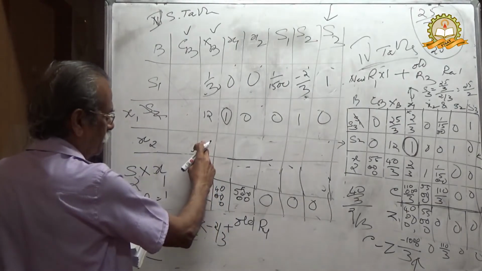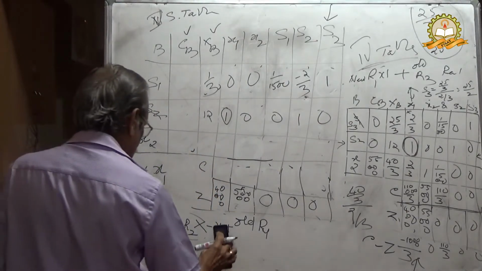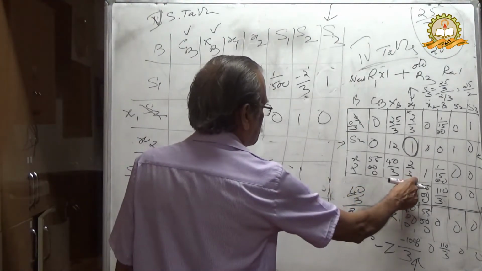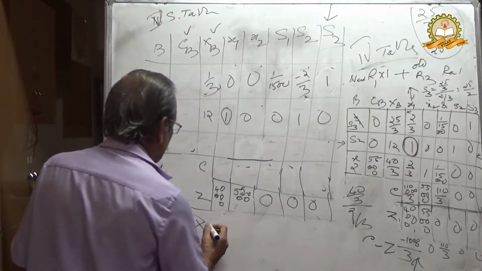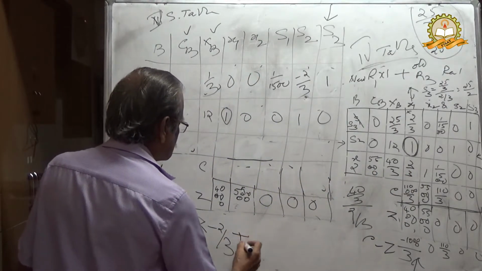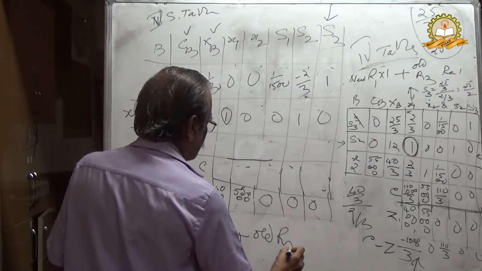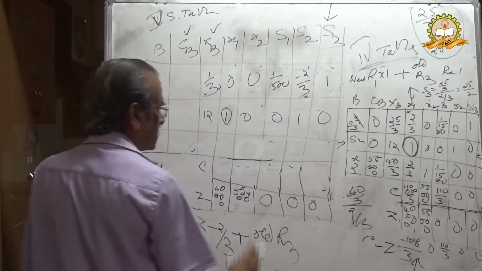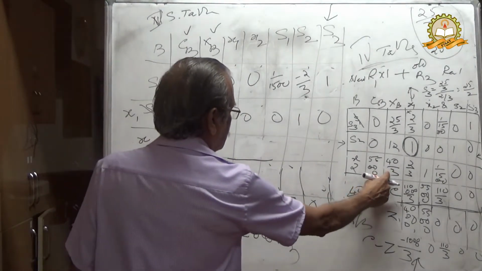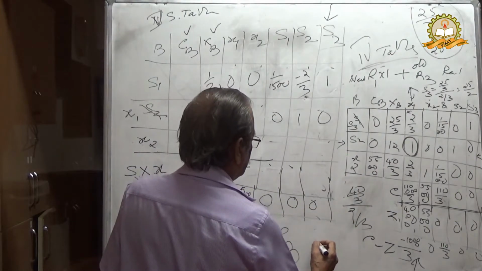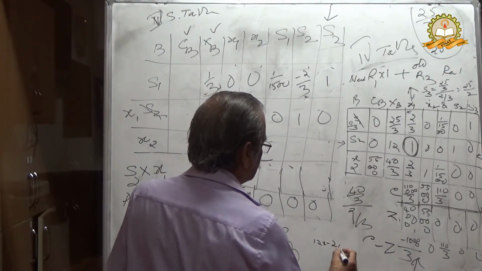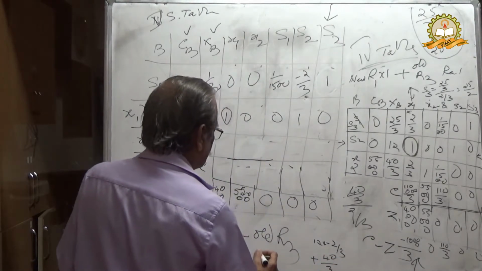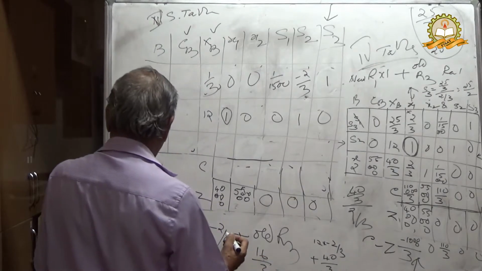Then similarly here in the row R3, again you can see 2 by 3. You have new row R2 into negative 2 by 3 plus old R3. Therefore, under XB you can write 12 into negative 2 by 3 plus 40 by 3. Therefore, you have 16 by 3.